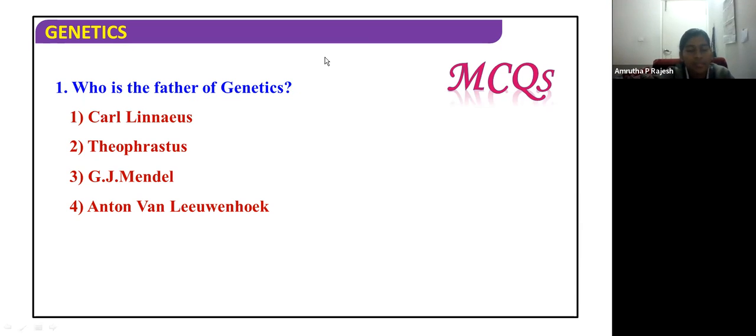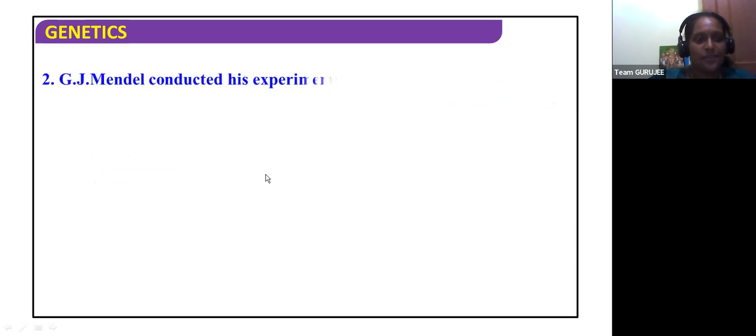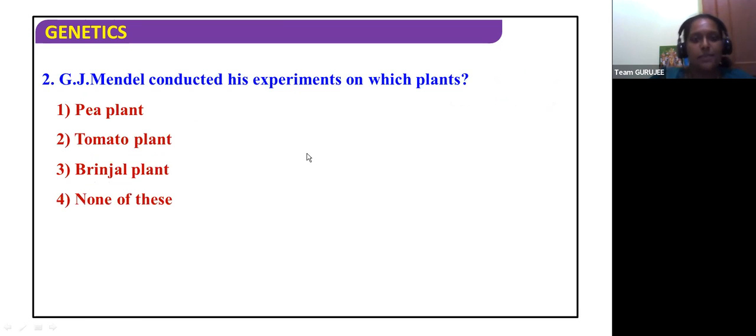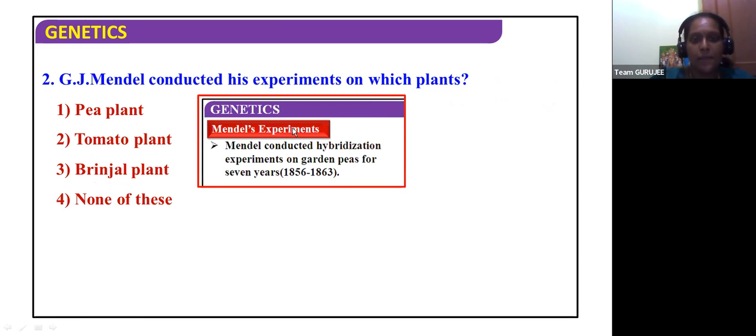Okay, fine. So it's nomenclature. Okay, Anton van Leeuwenhoek is the father of the microscope. Okay, fine. Gregor John Mendel conducted experiments in brinjal plant, tomato plant, or the pea plant? The first, the pea plant. Okay.